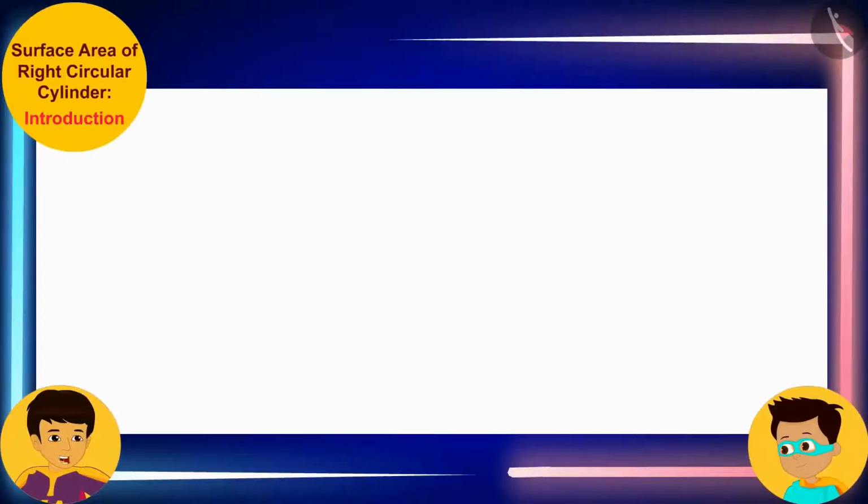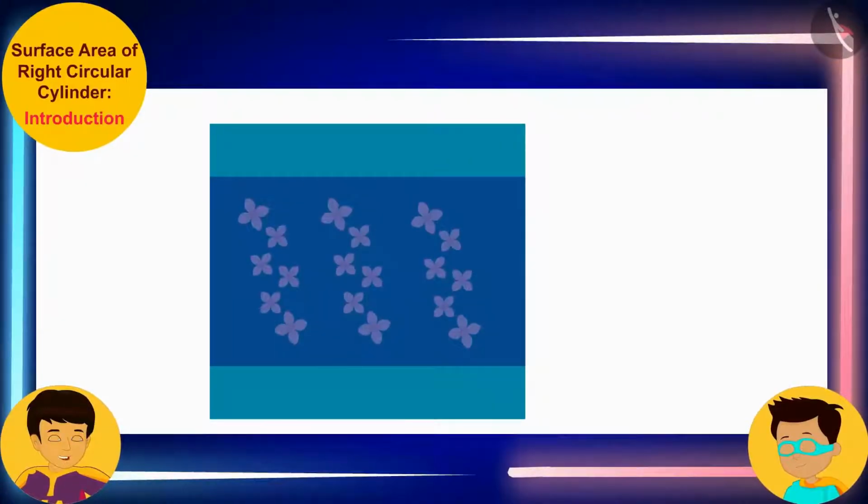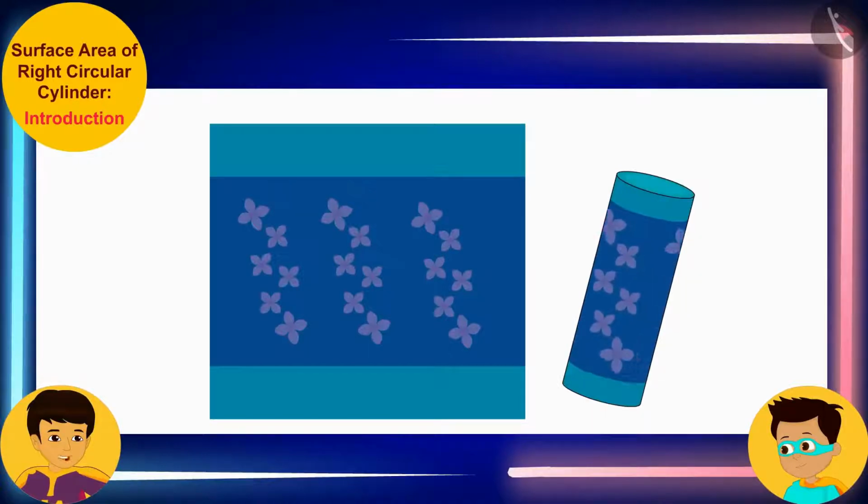Look, Thomas, the paper you use to make cylindrical incense stick packets will be used for all its surfaces. This means that the paper used to make a cylindrical packet will be equal to its total surface area.